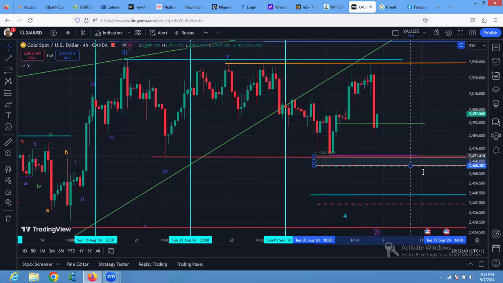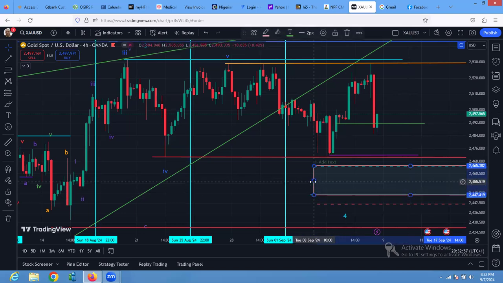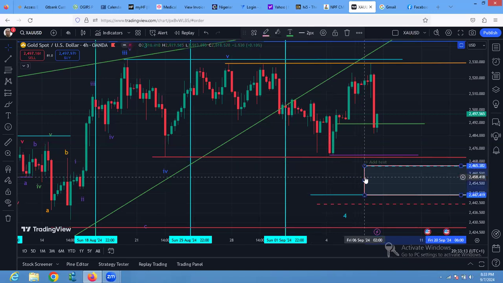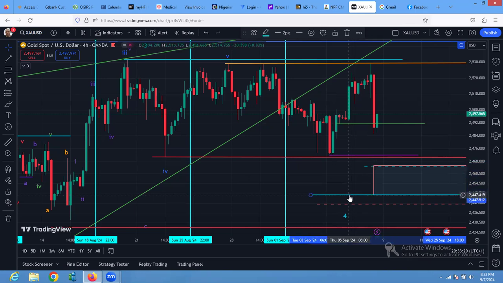You should be looking for your buy in that vicinity, between 2465 and 2447. So that's what we can hope to get and go up to take the top again.